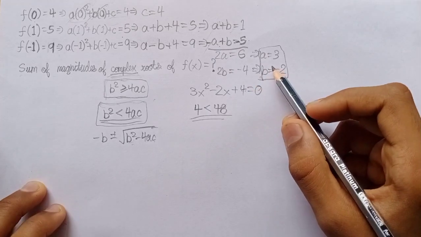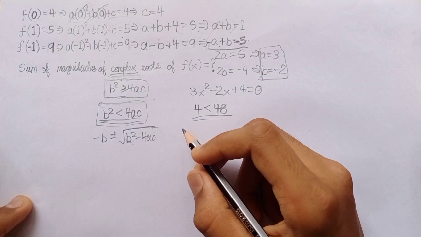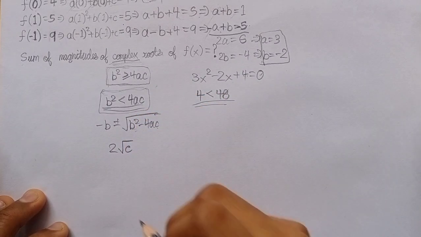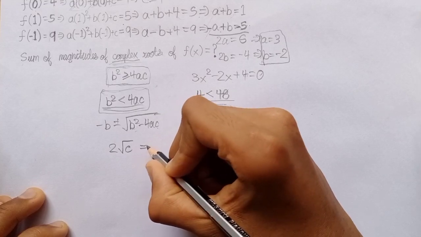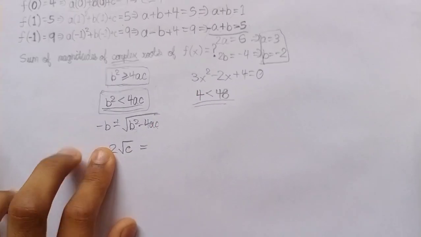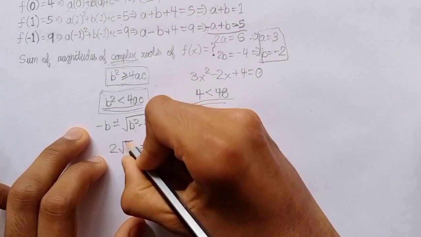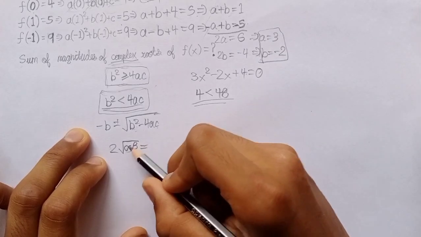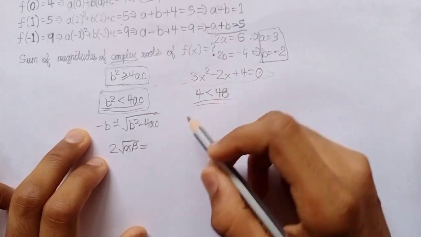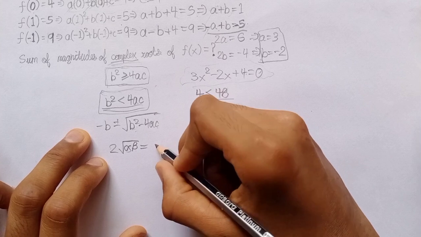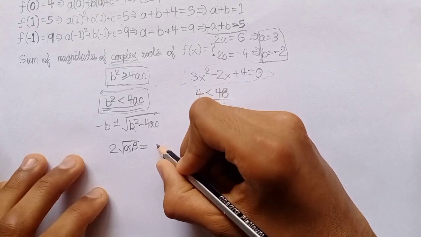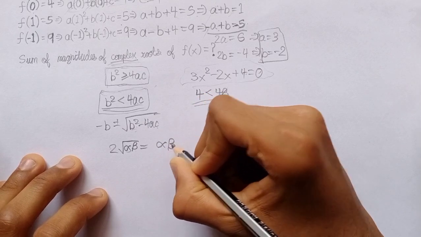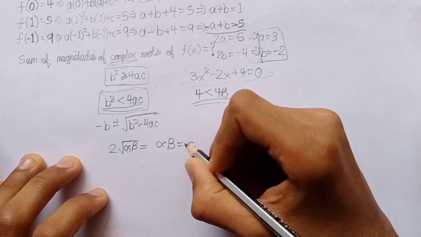Now it's just a matter of substituting the formula given in the shorts I posted previously. So that was 2 root c. It is actually 2 root alpha beta. So you don't have to solve for alpha and beta from this equation. That'll waste our time. So what we want to do is use Vieta's formula, which states that in a quadratic equation, the product of the roots will be equal to the constant.